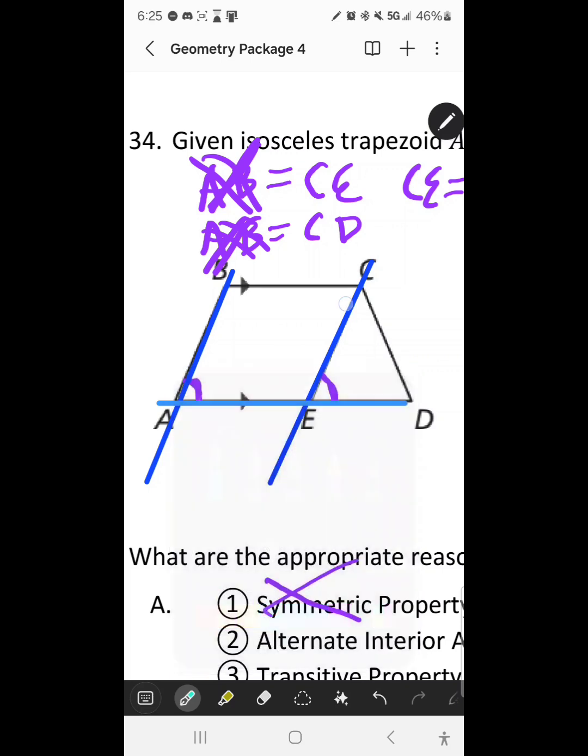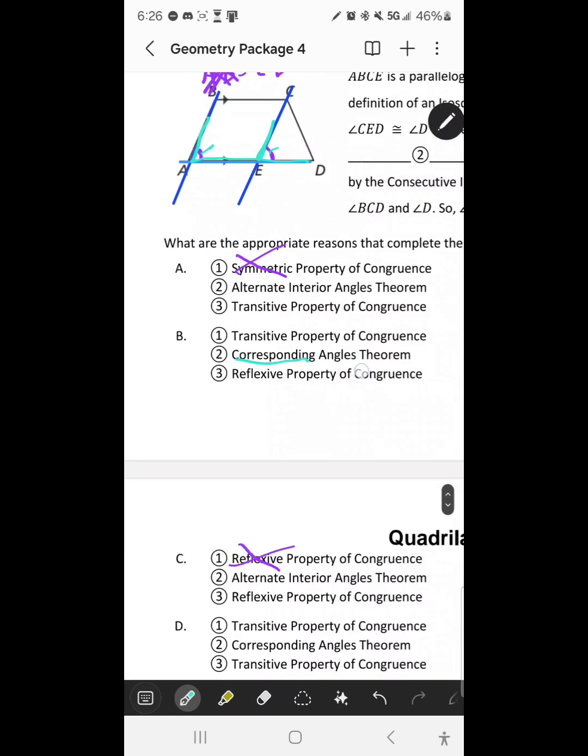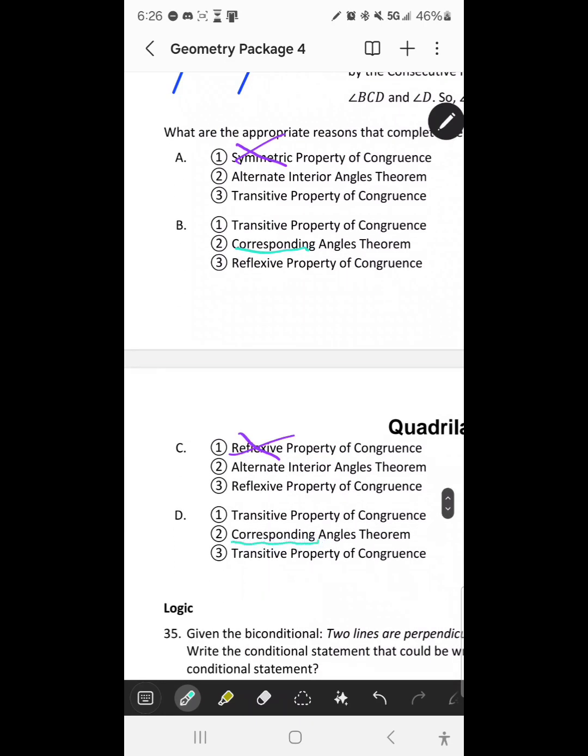Based on that, I can see here this is like an F. Every time you have an F, it is corresponding angles, and corresponding angles are equal. So I can say that this angle is equal to this angle by the corresponding angles theorem. Either way, I had the answer, but it's better to know it.